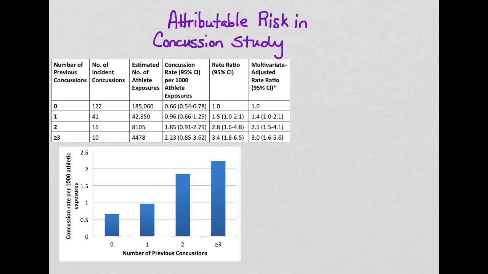So let's talk about an example. Let's go back to the concussion study that we just finished looking at, and if we want to calculate the attributable risk for each of these levels of exposure, so having different numbers of previous concussions, then this is how we do it.